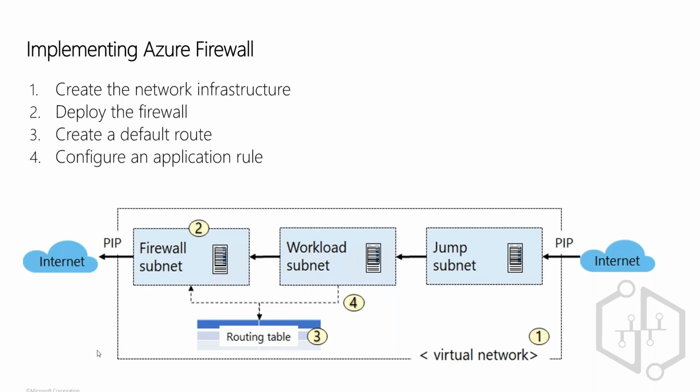Now, if I want to change this default behavior, saying that any communication happening with the jump box subnet should first go to the firewall subnet, right? After the firewall has gone through all the rules and verified everything, then it should go to the workload subnet. So we are changing the default routing, and that's the reason we'll have to add a custom route by using a routing table.